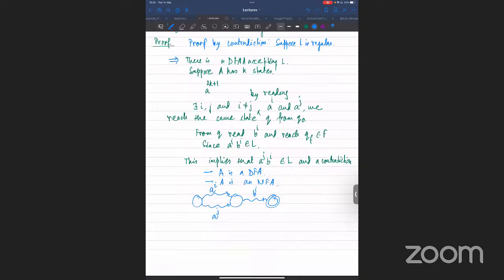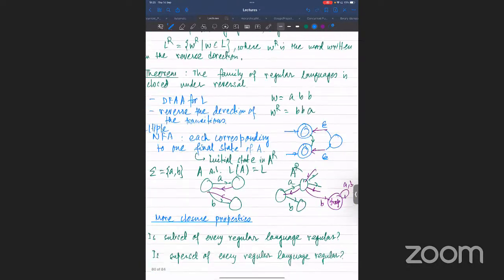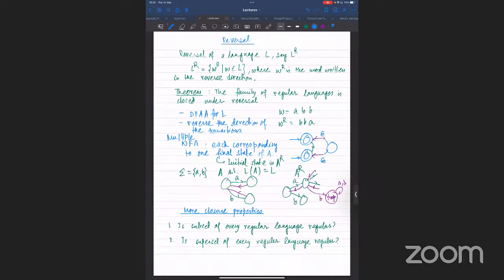Now, this specific thing was very particular to a language. Maybe I can ask a related question: if you consider the subset operation on a regular language, is every subset of a regular language regular?